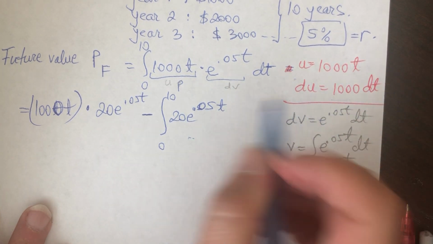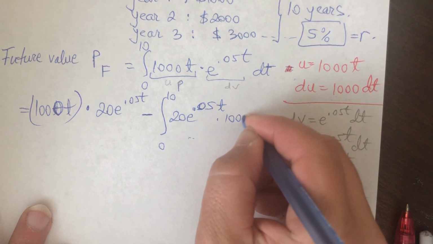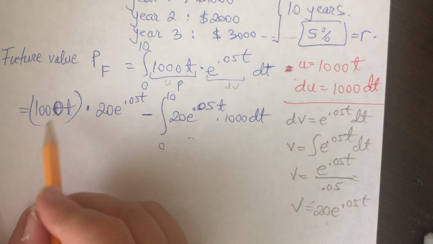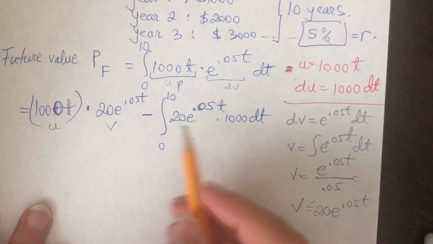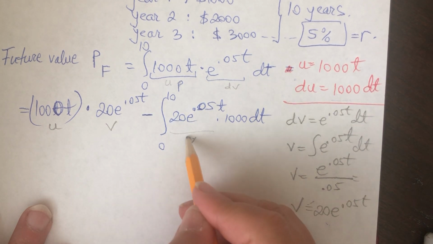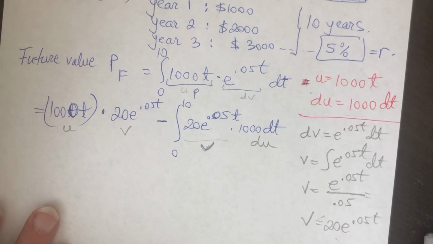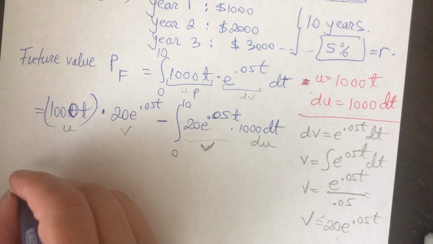Where is du? du is 1000 dt. Okay. So one more time. That's your u, that's times v, minus the integral of v du, right? Again, according to our formula, these are all the parts. So I'm going to put this together.